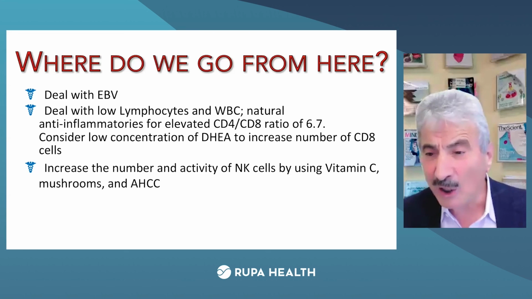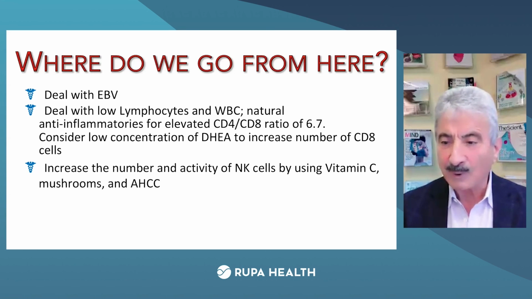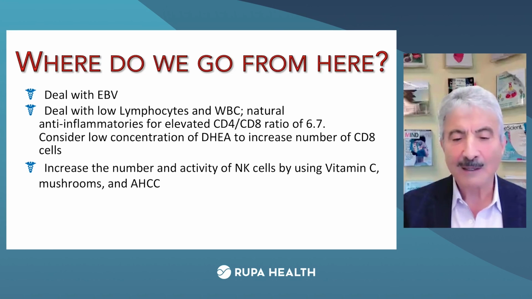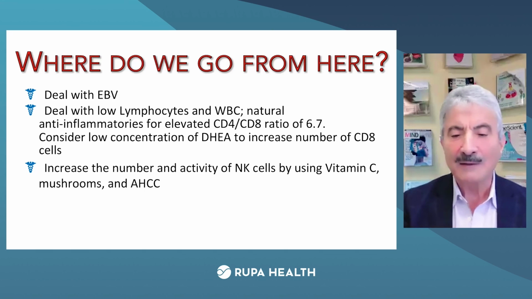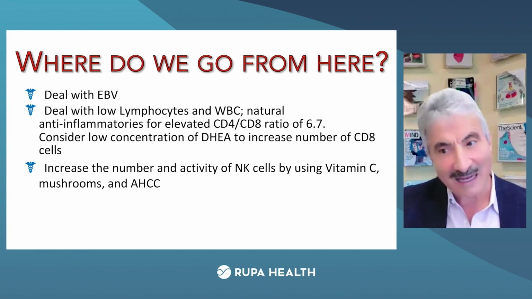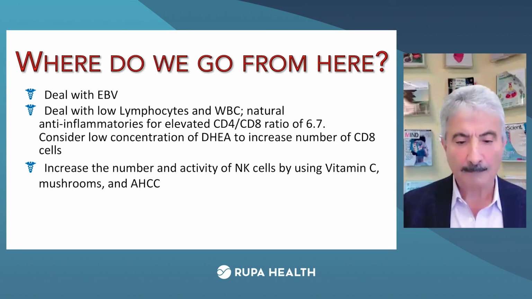Maybe it's a good idea also to increase the number of CD8s, by giving low doses of DHEA, such as 5 milligrams. By increasing number of CD8, we can bring the ratio of CD4 CD8 down, for example, from 6 or 7 to 3 or 4.